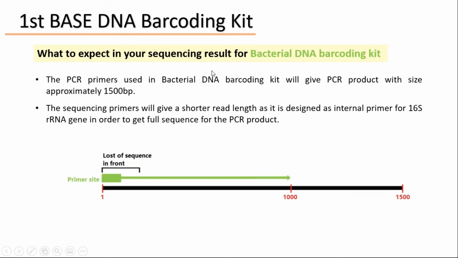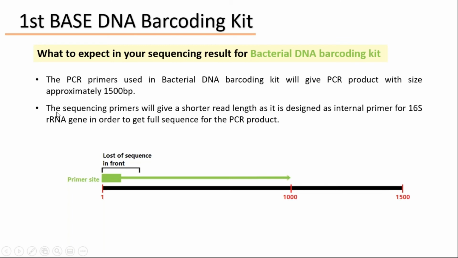For the bacterial DNA barcoding, the PCR primers will give you an approximately 1.5 kb target size. However, you will expect a shorter read length in your sequencing. Why? This is because the sequencing primers were designed as internal primers for the 16S rRNA gene, which is the bacterial gene.